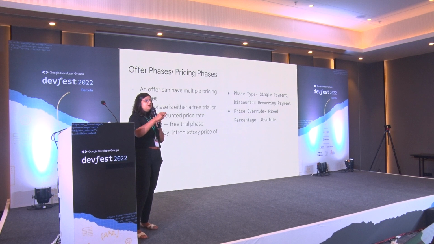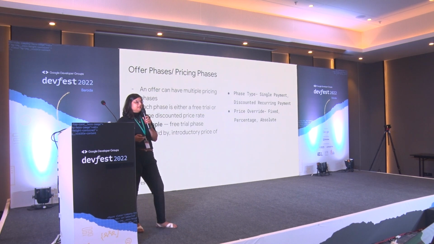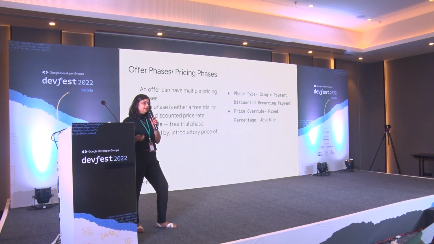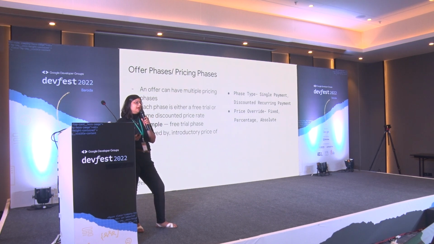Offer phases again come under each offer. Offer phases are basically the prices that are rolled out to your user step by step. So if you want to have a free trial, but your application is so complex that you know that in a 7 day free trial, your user cannot explore your application entirely, you need your user to explore your application for 5 days more, so that your users can get a complete gist of what your app is doing and what your app has to offer.